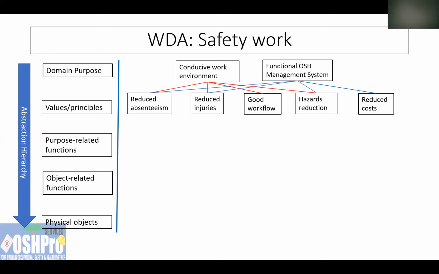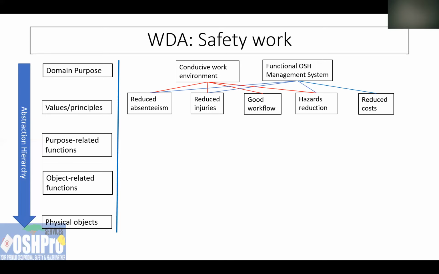And on the other side, on the functional management system, we see that similar things will also tell us that we have a functional system. When we have reduced absenteeism, we reduce injuries, and the workflow and the hazards are reduced, and we reduce costs, we have a functional system.